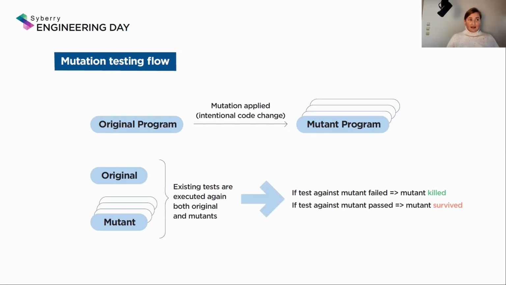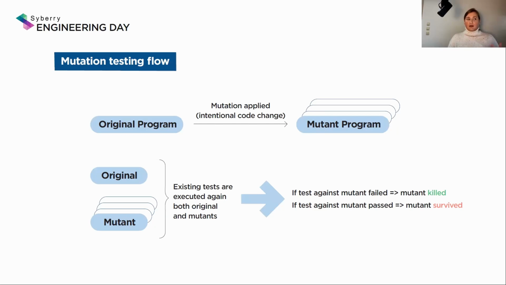If the tests are executed against the mutant program and our tests pass, that's not actually a good thing for us, because some mutants survived, and this indicates that potentially we could have a bug in the system and our tests would not find it.